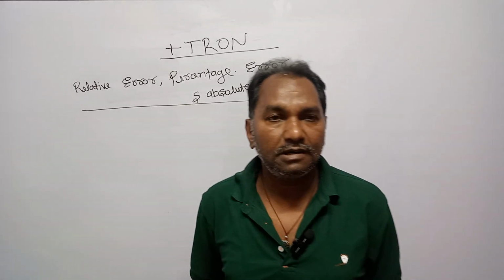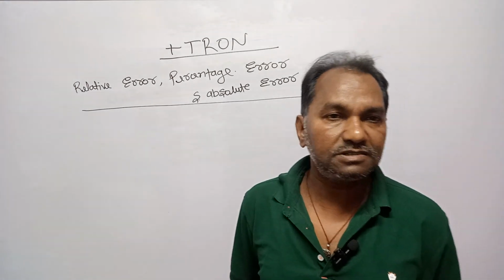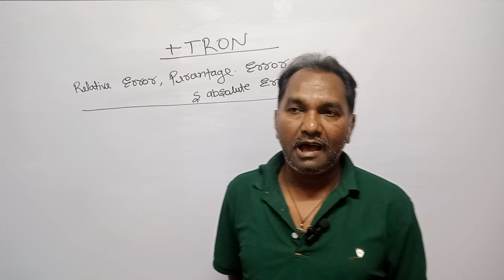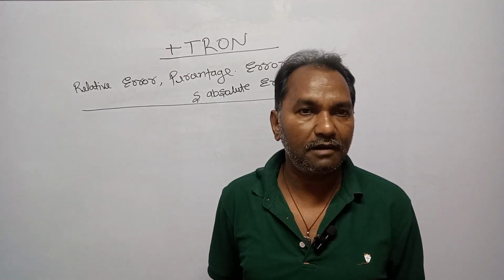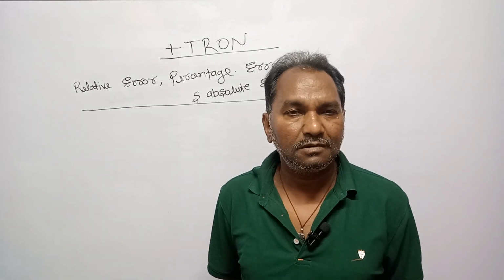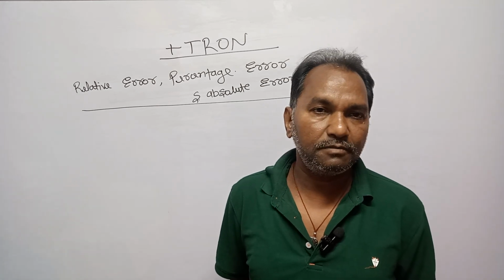Dear students, in my last video I discussed with you why we study error in physics. If a task is given to find an experimental value, there is no way to get the exact value of that experiment.